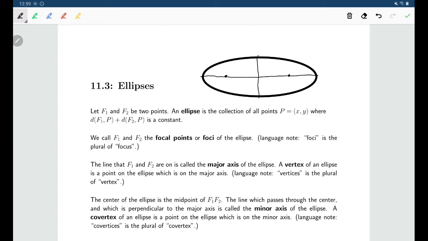That longer side, we call the major axis. This would be the major axis of our ellipse, and that would be the side that contains those two focal points. For the shorter side, in this case the vertical side, we would call this the minor axis of the ellipse.